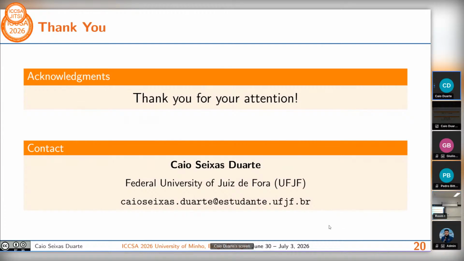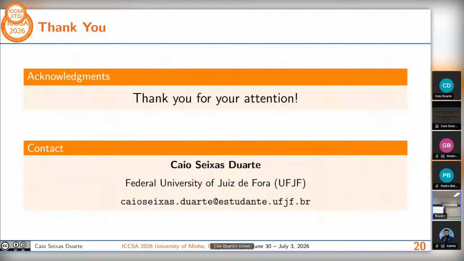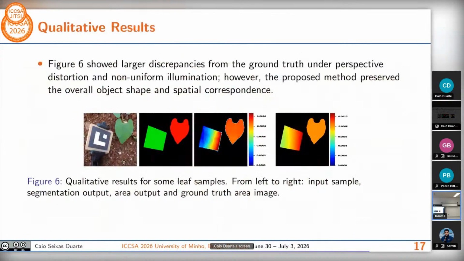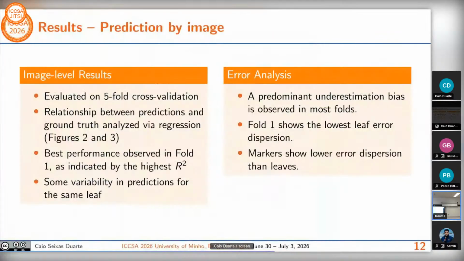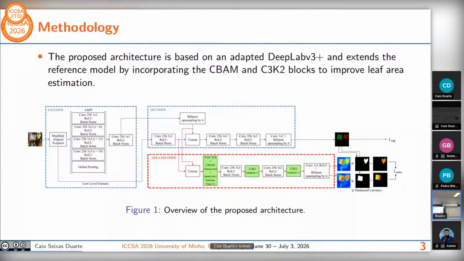Can you repeat the question, please? For your proposed method, my question is how you integrated the DeepLab version 3 plus decoder with the CBAM plus C3K2 blocks.